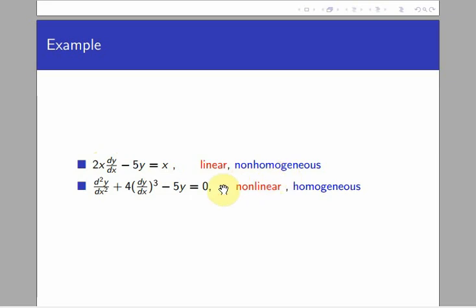It is not homogeneous because the right side must be zero to be homogeneous.